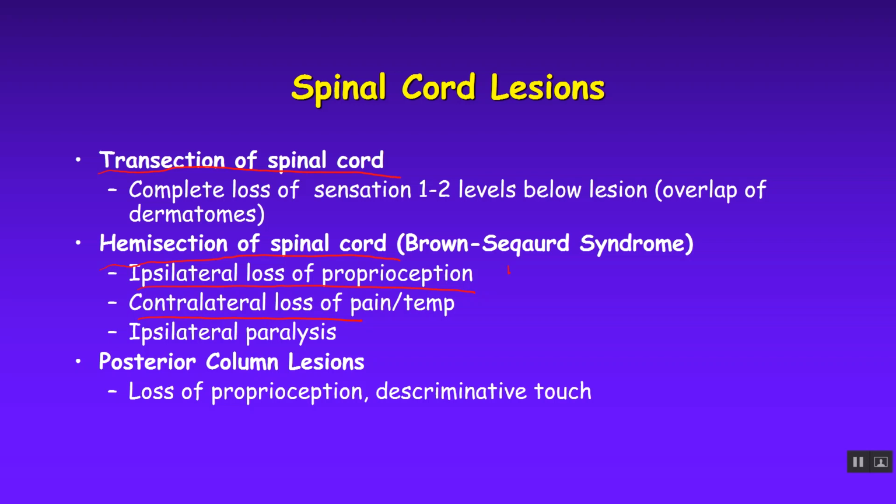So pain and temperature, even though I have loss of proprioception on the right, pain and temperature is okay on the right because it crossed over immediately and made it past the lesion. But everything on my left that comes in below the lesion crosses over immediately and gets stopped at the lesion. So I have loss of pain and temperature on the left side of my body below T2, but loss of proprioception on the right side below T2.